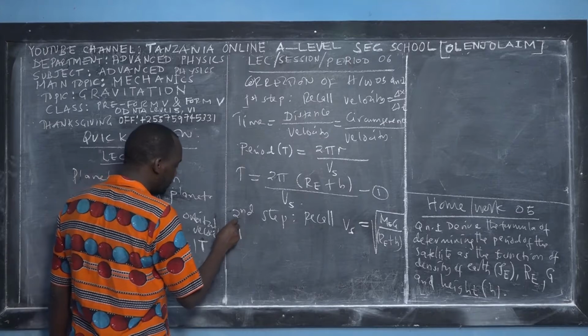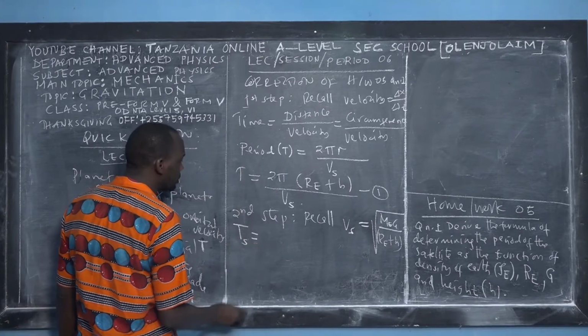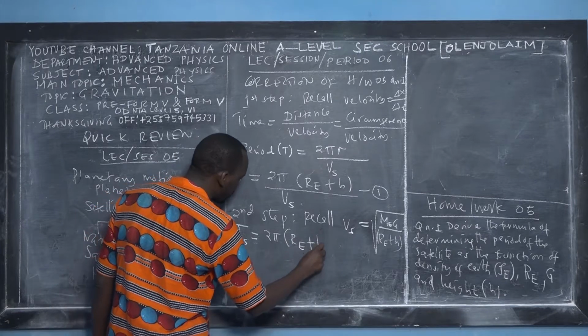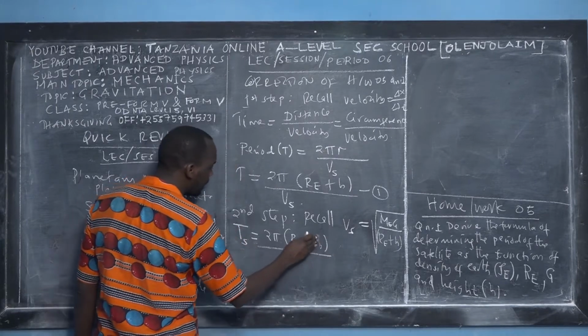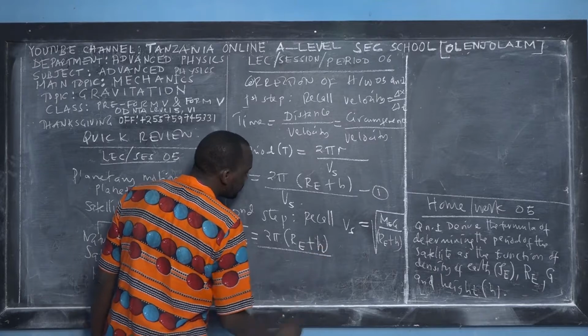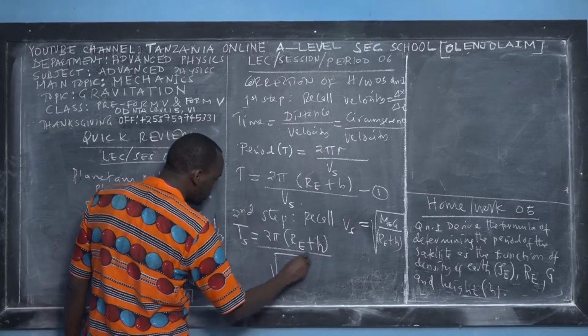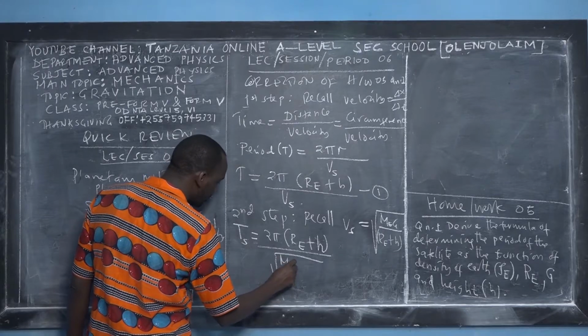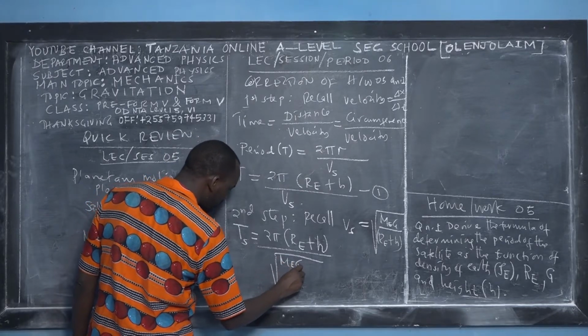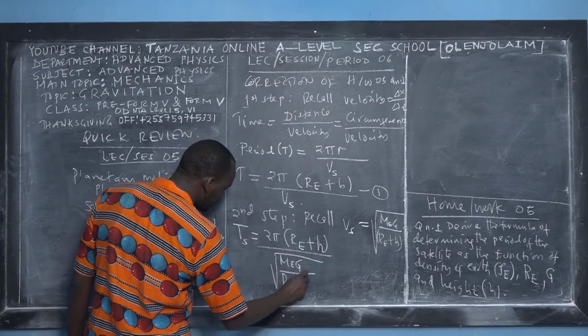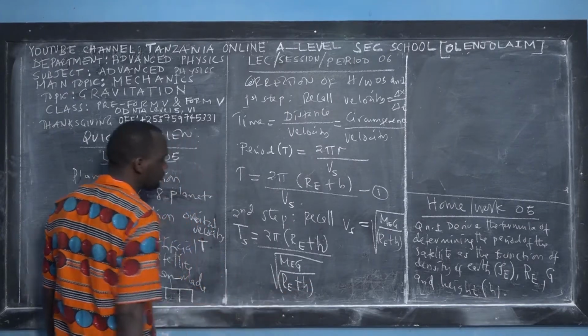So then the period of the satellite T_S is equal to 2 pi times the radius of the S plus the height, divided by the orbital velocity. So orbital velocity is the square root of the mass of the S times the gravitational constant, divided by the radius of the S plus the height h.